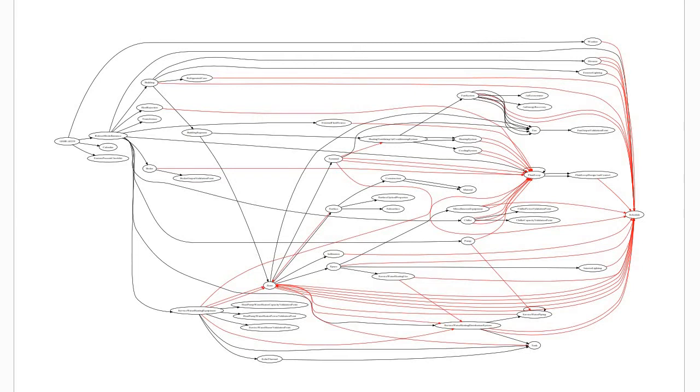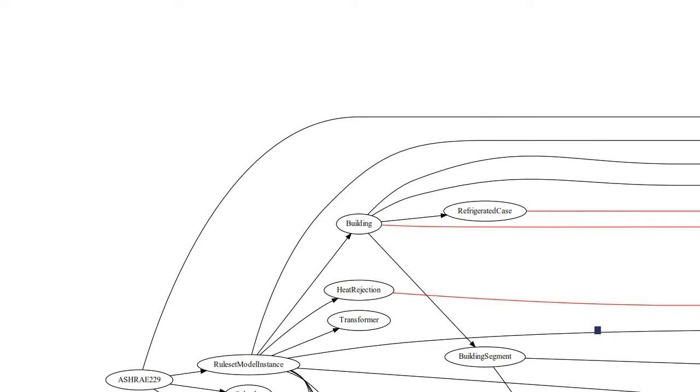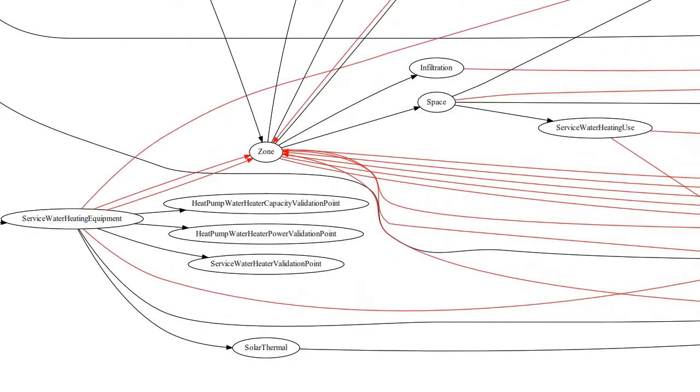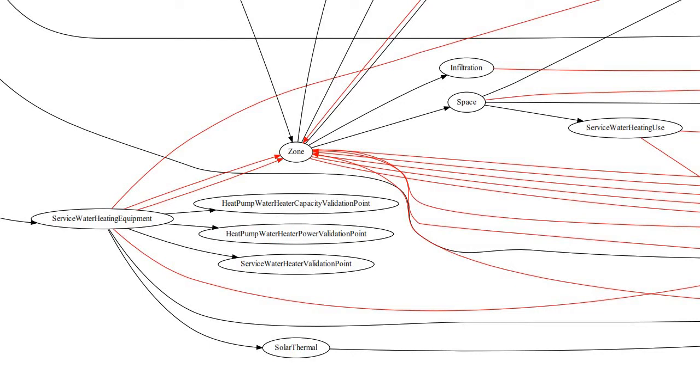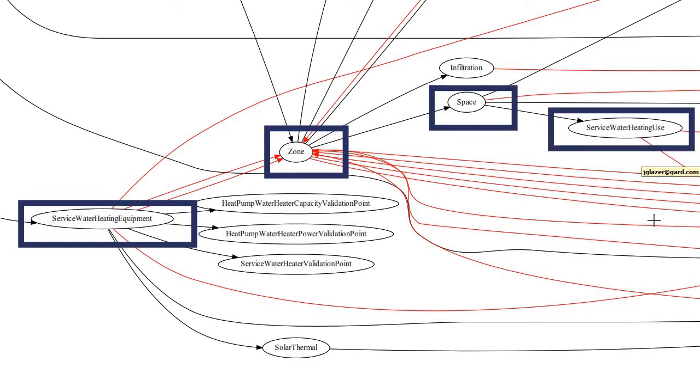So let me zoom into the section that we are talking about today. Surface water heating equipment all shows up towards the bottom of the diagram. Surface water heating equipment references the zone, which has a child of space, and the space has a child of surface water heating use.